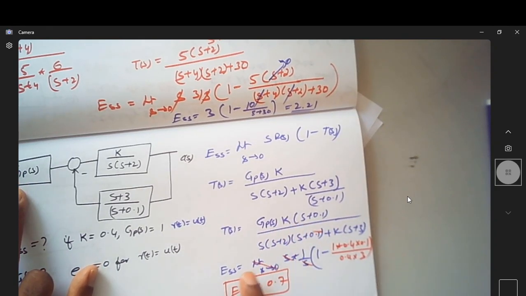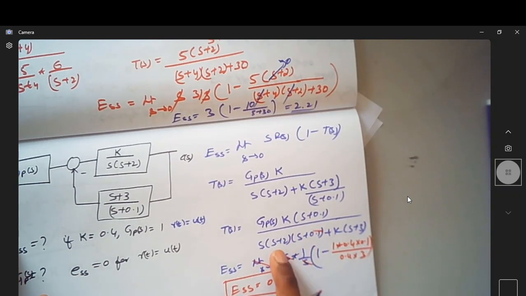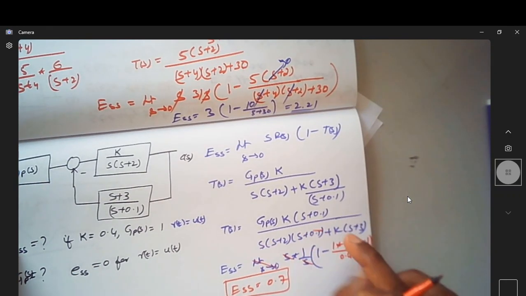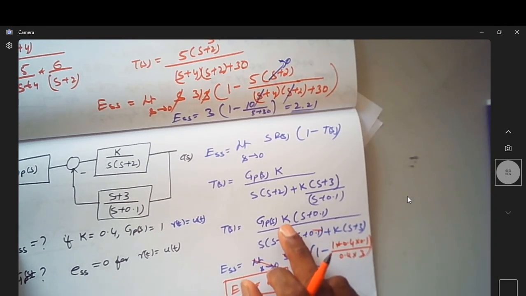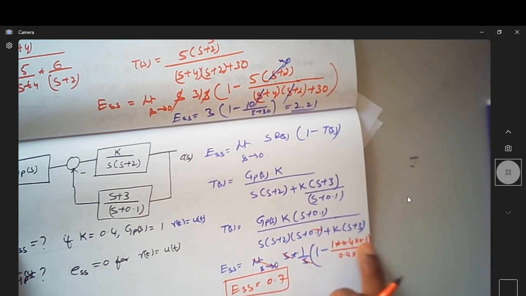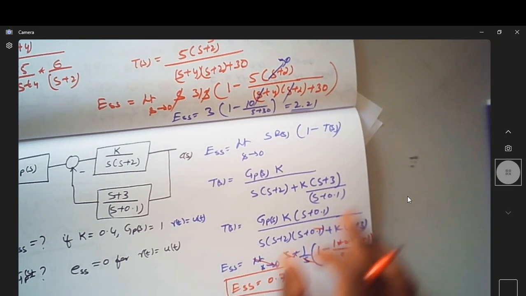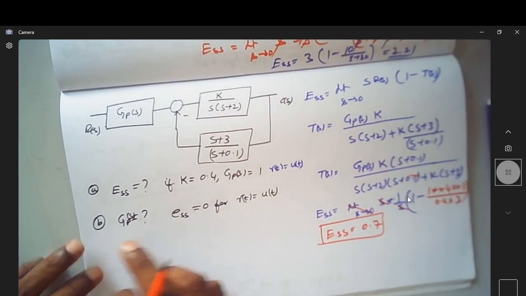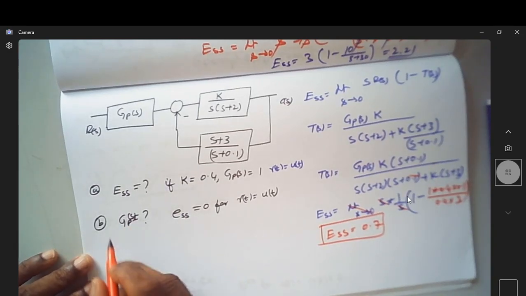For this transfer function you apply the limit of s tending to 0. So wherever s is there, put it as 0. This entire term becomes 0. This is K into 3. Here it is K into 1 into 0.1. That's what is this 0.4 into 0.1. This is ESS.